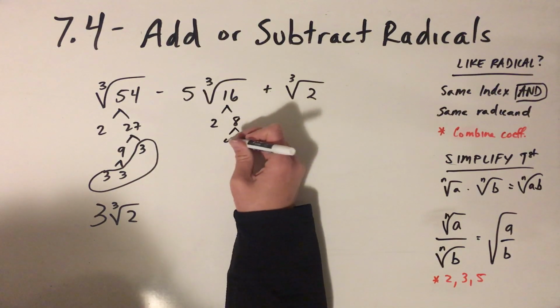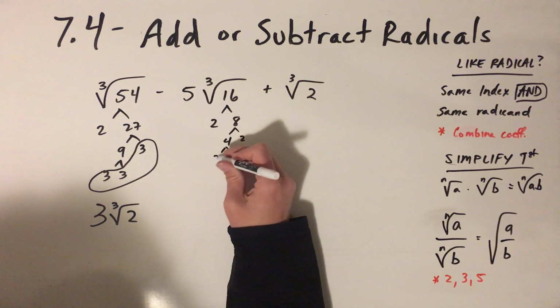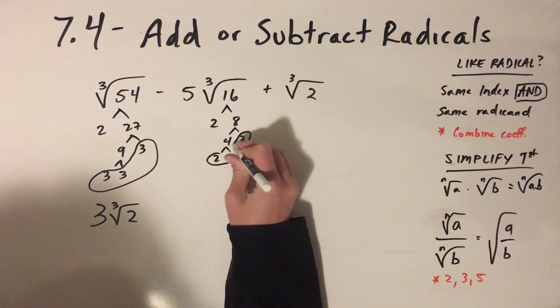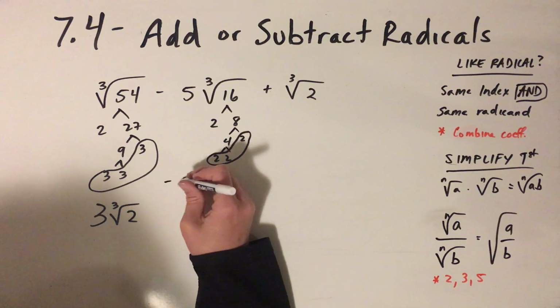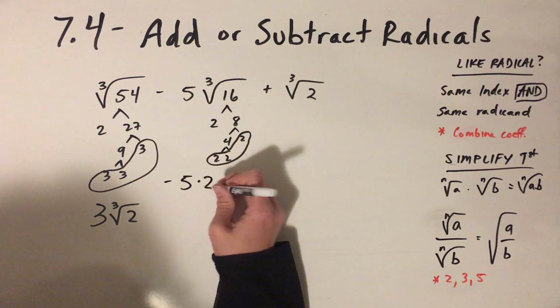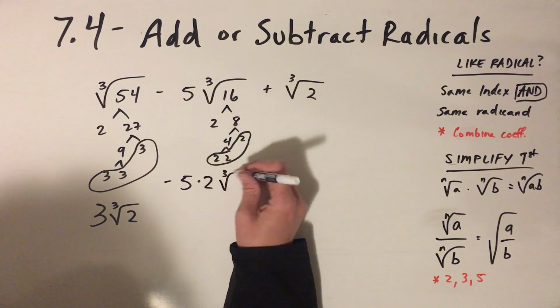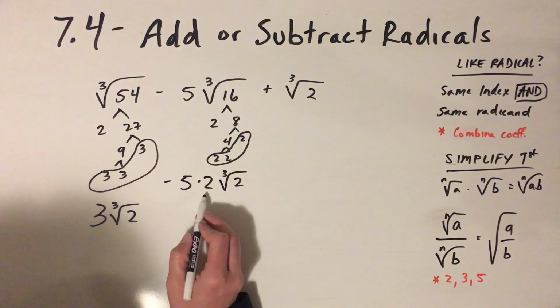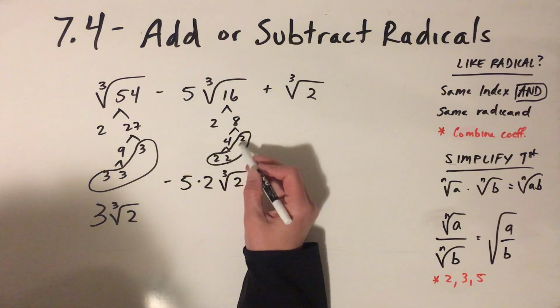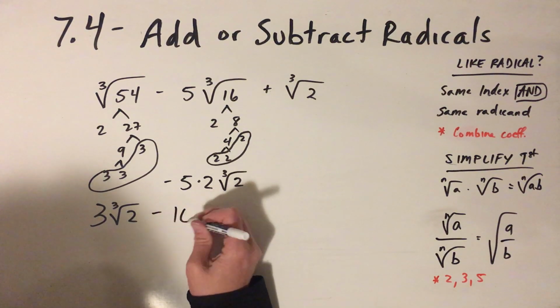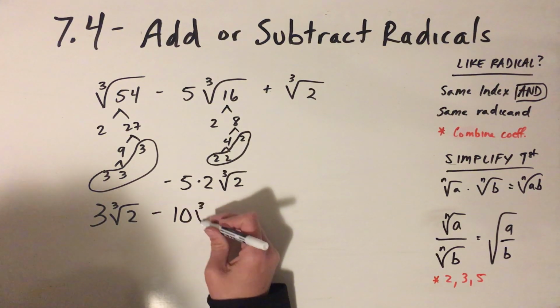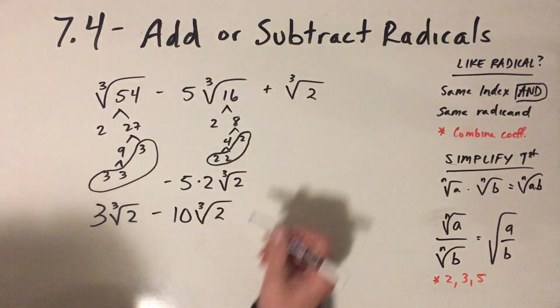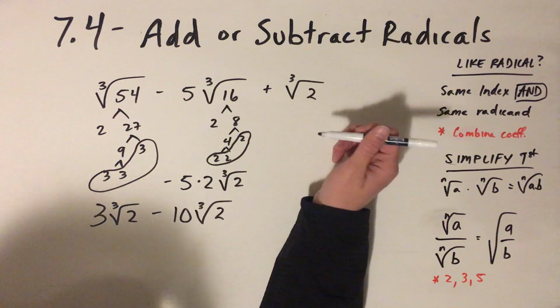It also factors to 2 and 2. There are 3 of these, so a 2 can come out. There is already a 5 outside of here, and this lone 2 has to stay under. Negative 5 times the 2 that we took out, because there were 3 of them, is a negative 10 cube roots of 2. Now this one, it can't be simplified because I can't factor 2.